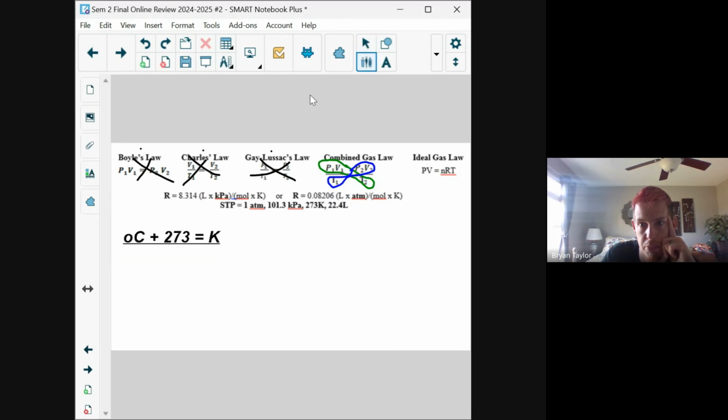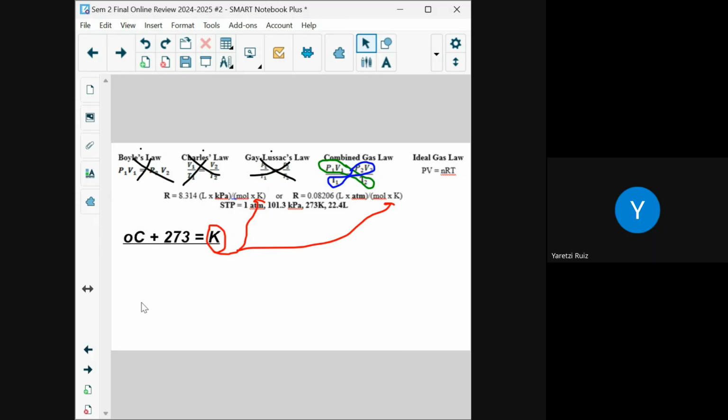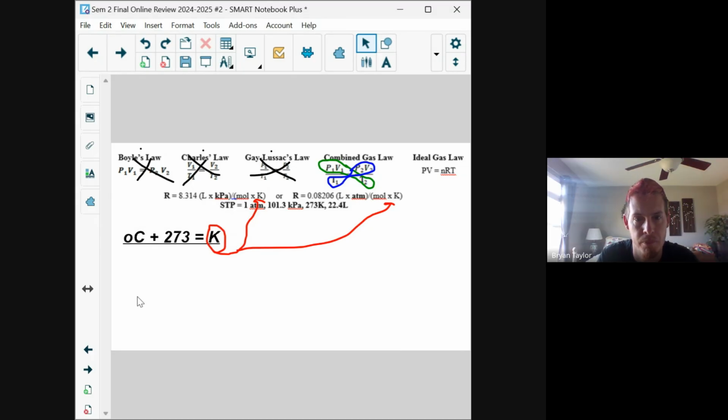And I can prove that to you because Kelvin is right here and Kelvin is right here. You can never use Celsius. Do you want to see why? Let's see why.